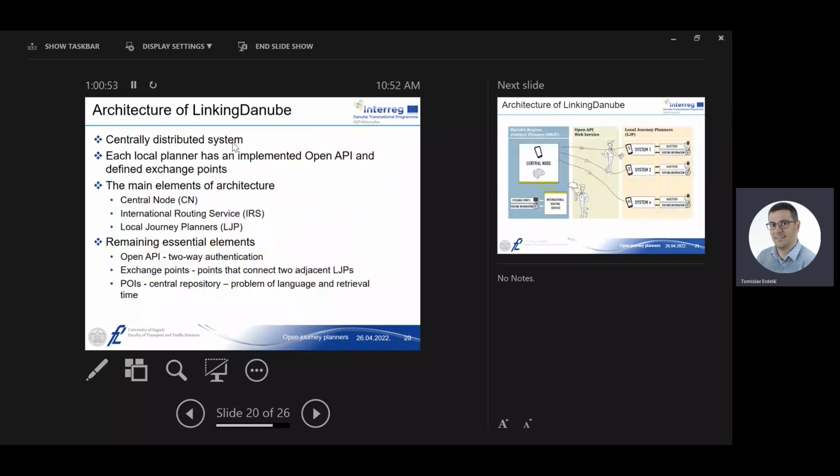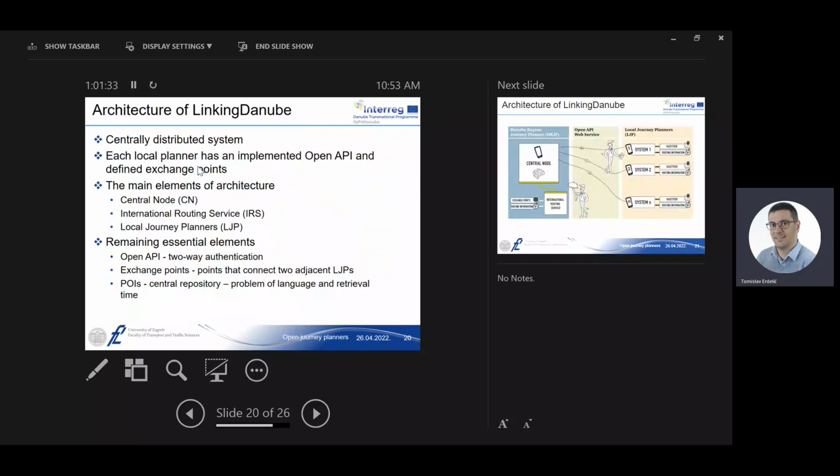The remaining elements are the open API with two-way authentication, meaning that the request has to be authenticated so that somebody does not attack your system from outside. The exchange points we already described, and POI means point of interest. These are all of the stations, lines, cities, and so on.